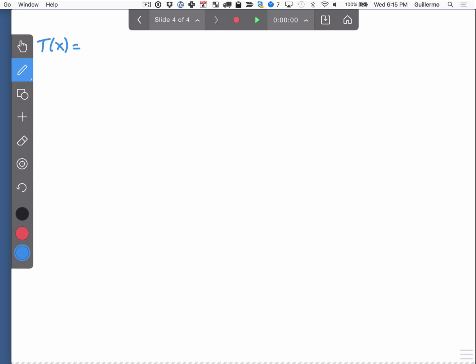So we have the square root of x squared plus 1 over 3 plus 1 minus x over 5. All right, so then what do we do? Derivative. Good.